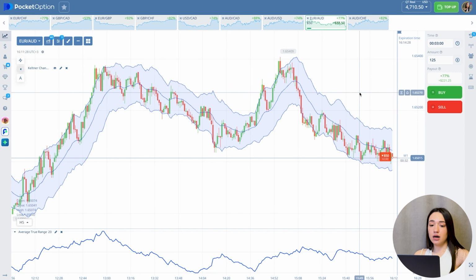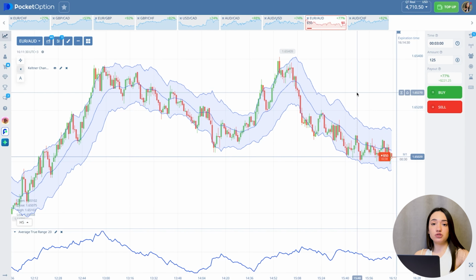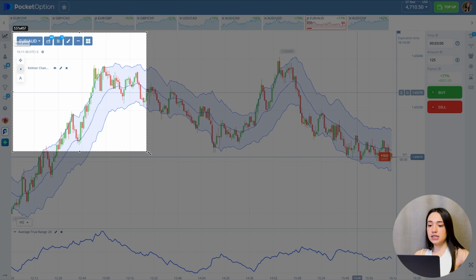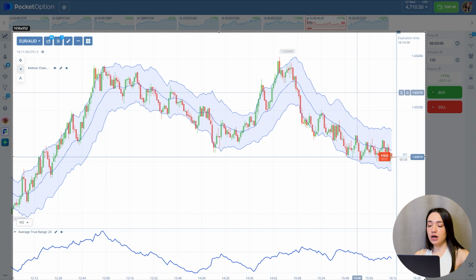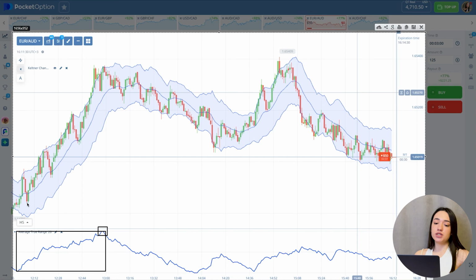So let's talk more specifically about the entry point now. Let's highlight the working area and look at our ATR line. In this area we see very strong volatility. There was a peak that was even reached. And accordingly, in the trend, we see very strong upward dynamics with a further update of the global high at the moment.